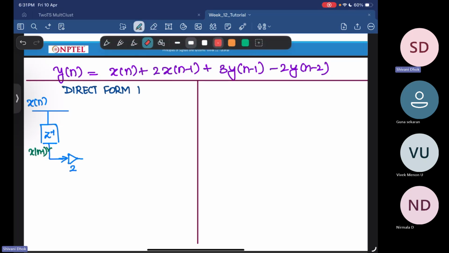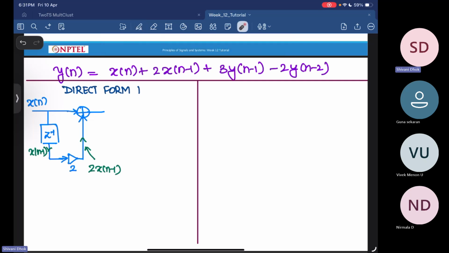And then you add it with your x of n. So here you had 2 times x of n minus 1. Now at this particular point, what do you get?